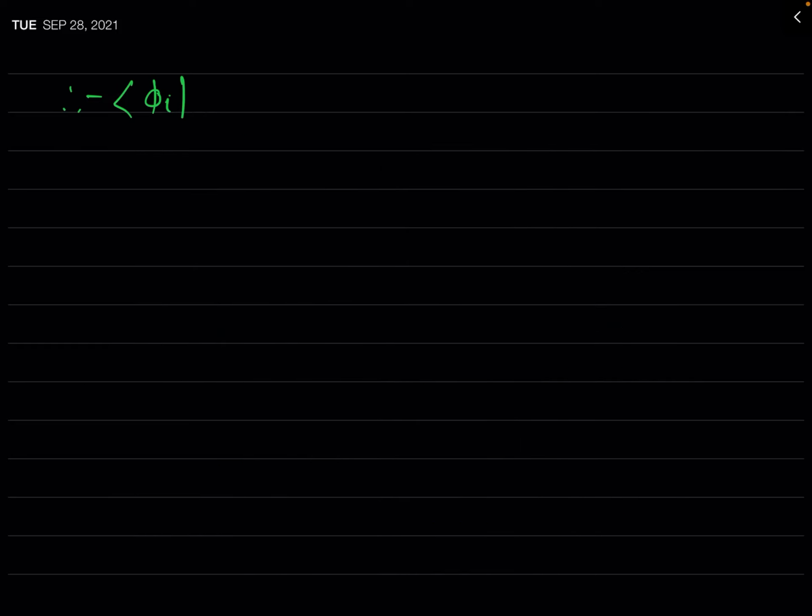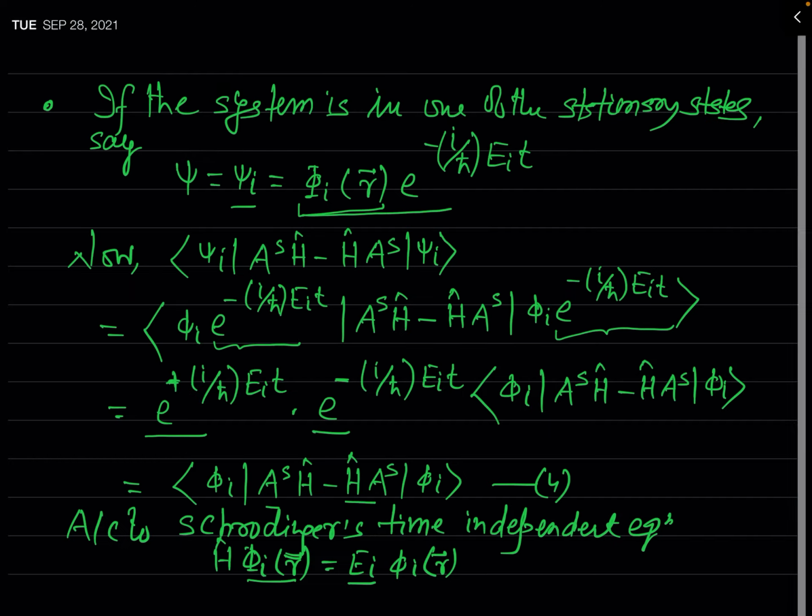So write first of all H hat A, H hat A, and minus A H hat, phi i. Now use in this result the Schrodinger time independent equation. You can see when the operator H hat is operated on phi i of r, then we get E_i phi i of r.